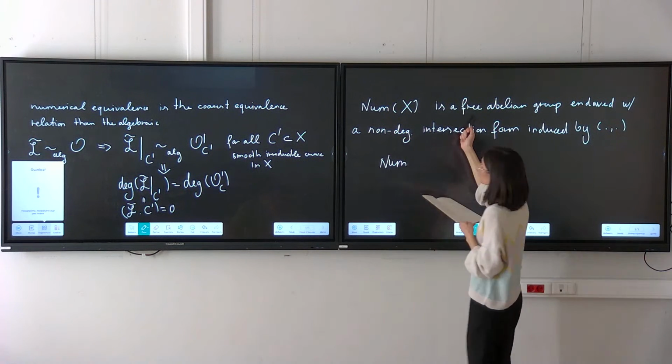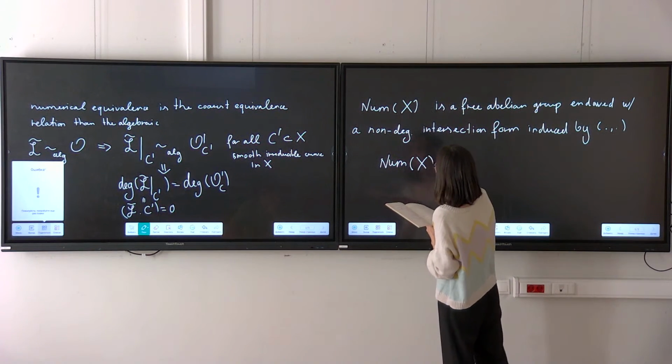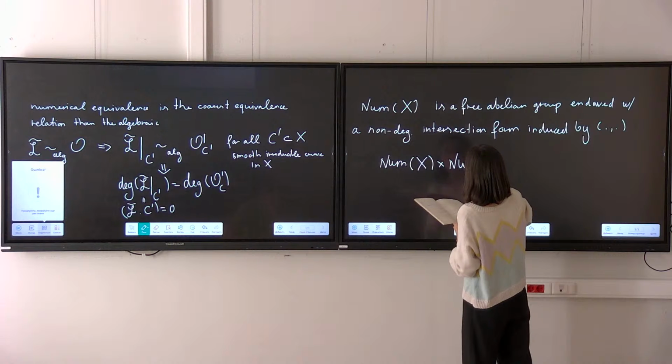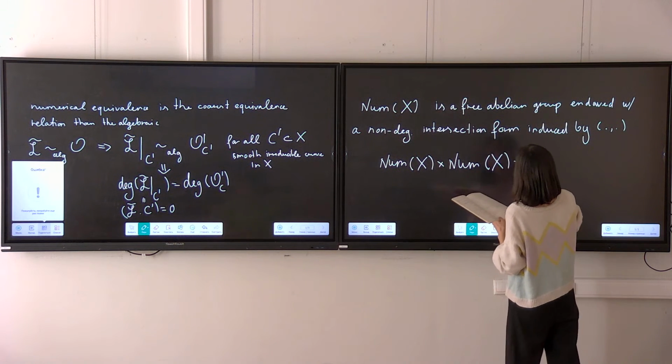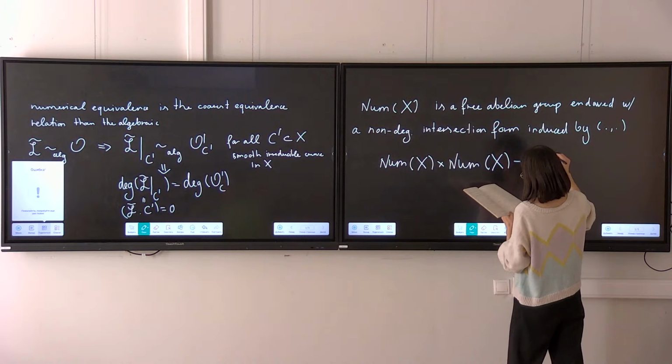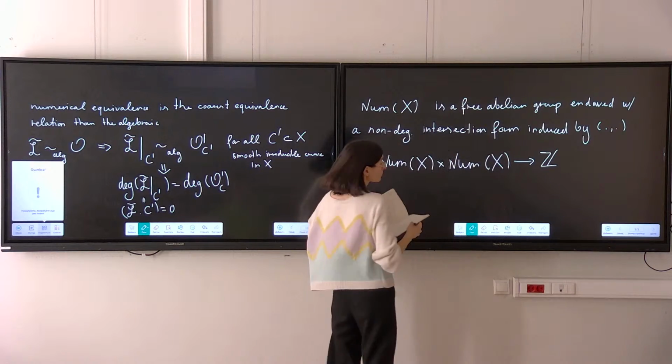Is it clear that this is a free group? So we have a symmetric pairing on the numerical group of X. Sorry, why is it free?